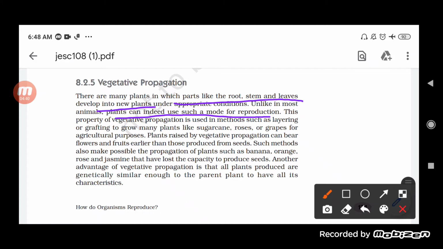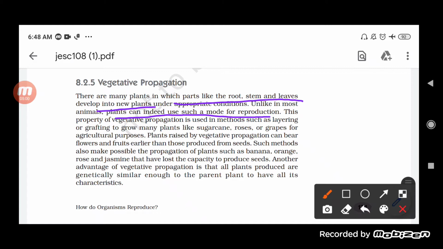In a plant, what is the reproductive organ, students? It is the flower. The parts of the flower are responsible for reproduction. You know that the male and the female parts are present in the flower only. So the reproductive part of the plant is the flower.